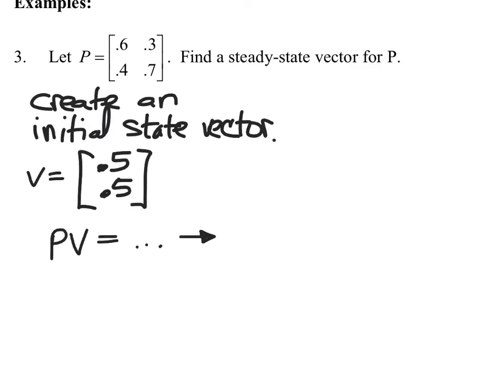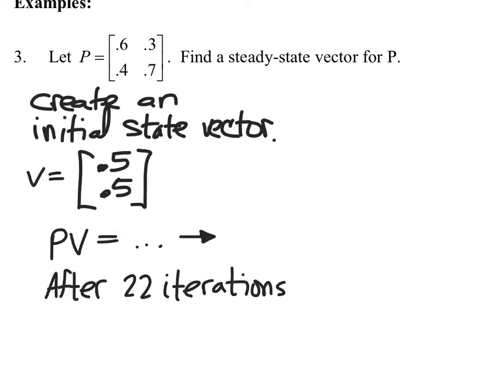But after 22 iterations, we're going to get an approximation for me anyway. If you get a clean one, you get a clean one. That's great. 0.429, which is what I probably could have gotten after the first 4 iterations, but still. 0.571.